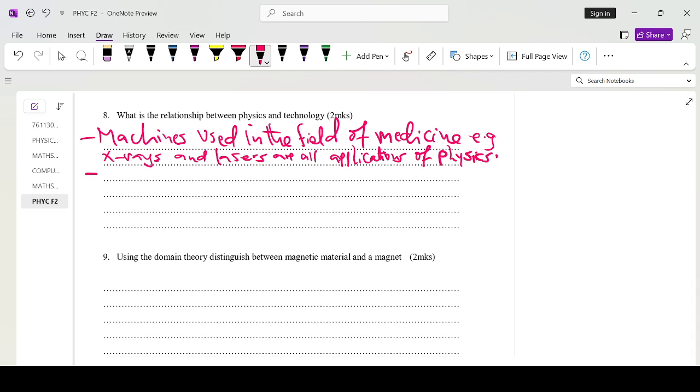Then we can also say the physics knowledge is used in the defense industry.